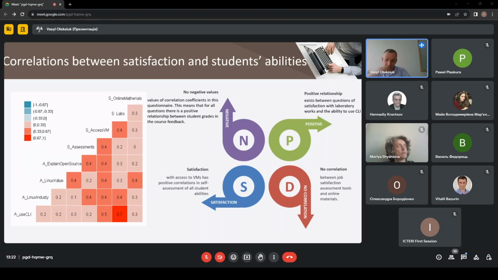Students may have been dissatisfied with a significant number of additional assignments, including essays. These tasks are individual and increase the amount of time required to successfully complete the course. In general, this correlation needs some further study.